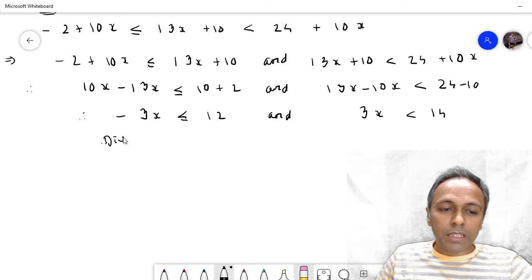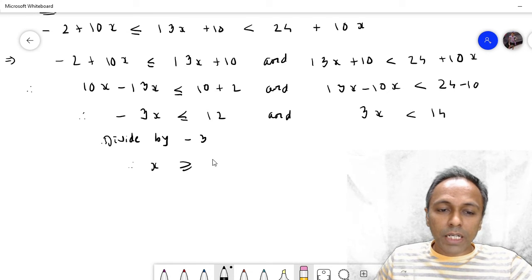Let's divide by -3. Therefore x becomes greater than or equal to 12 upon -3.